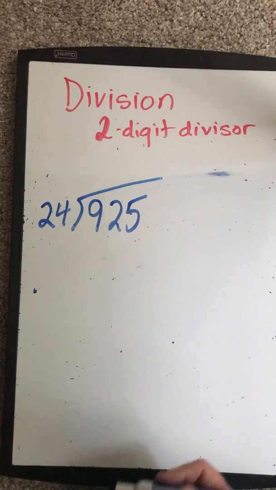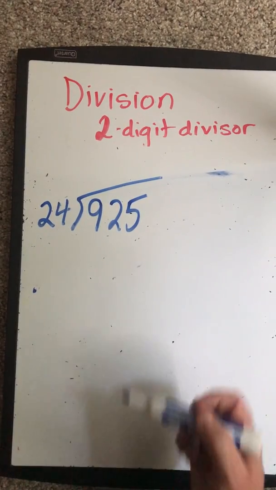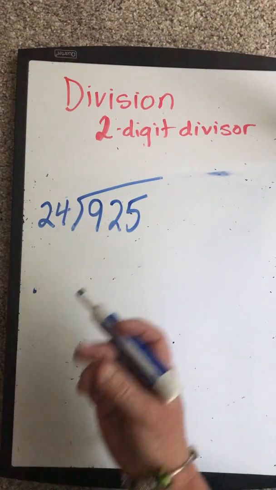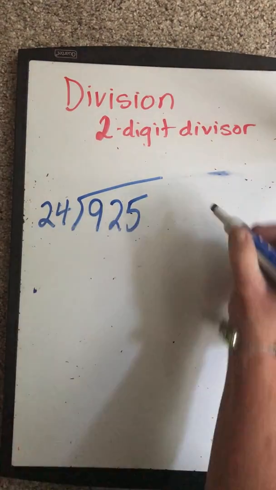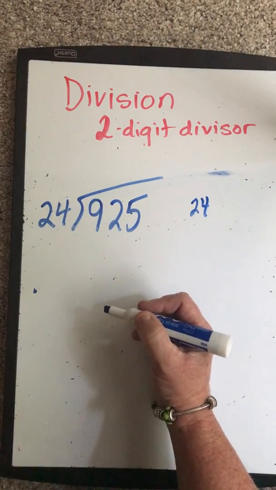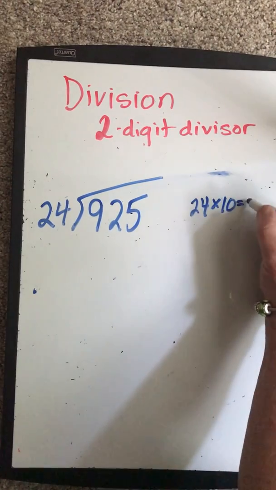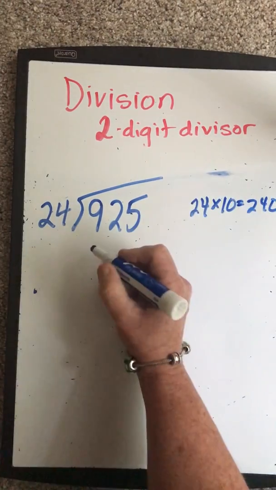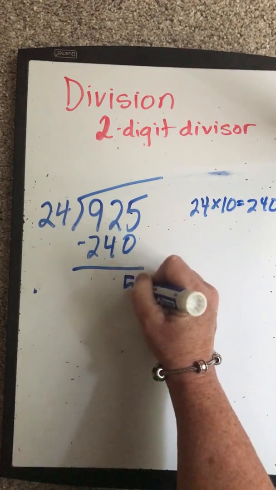Again, we are going to use numbers with zeros on them to try to get as close to this number as we can. So I'm going to stick with 24 times 10. It's going to get me up to 240. So I'm going to subtract out 240.